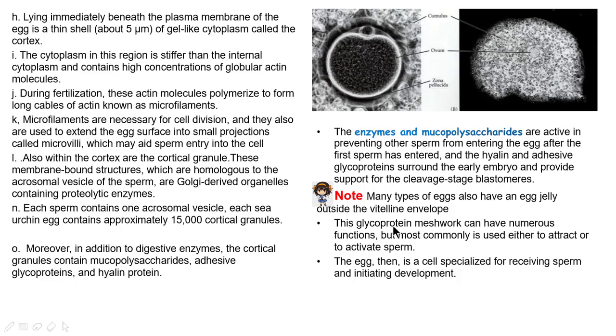Okay, many glycoprotein meshworks can have numerous functions, but most commonly are used either to attract or to activate the sperm. The egg then is a specialized cell for receiving sperm and initiating development.